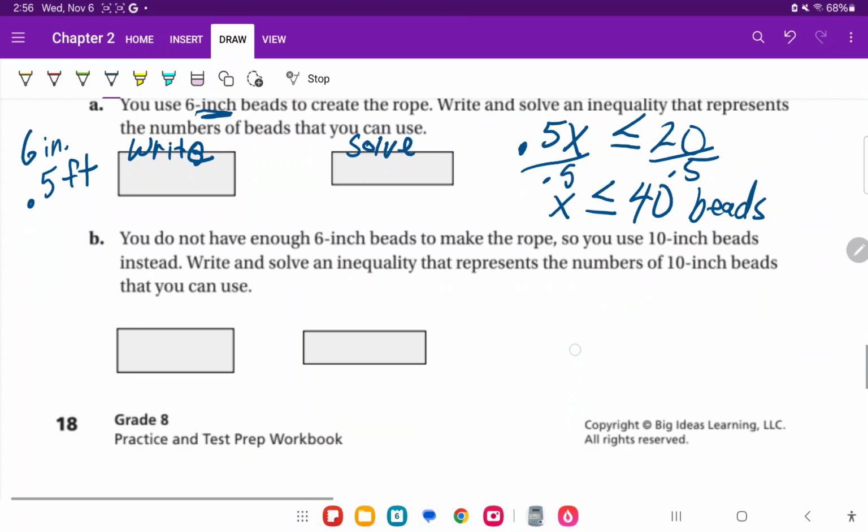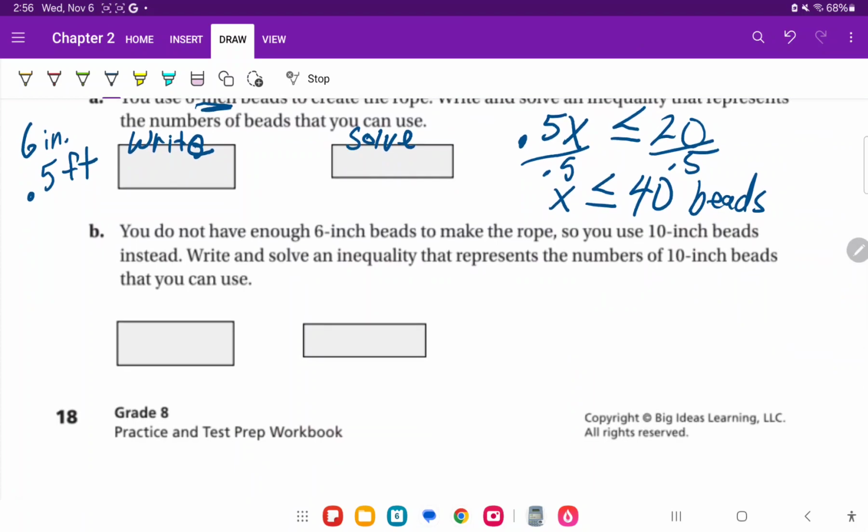Okay, so you do not have enough 6-inch beads to make the rope, so you can use 10-inch beads instead. Write and solve an inequality that represents the numbers of 10-inch beads that you can use. Basically, it's going to be the exact same thing that we did right there. So this was the equation that should go in the box: 0.5x is less than or equal to 20. Now, instead of a 6-inch bead, it's a 10-inch bead.